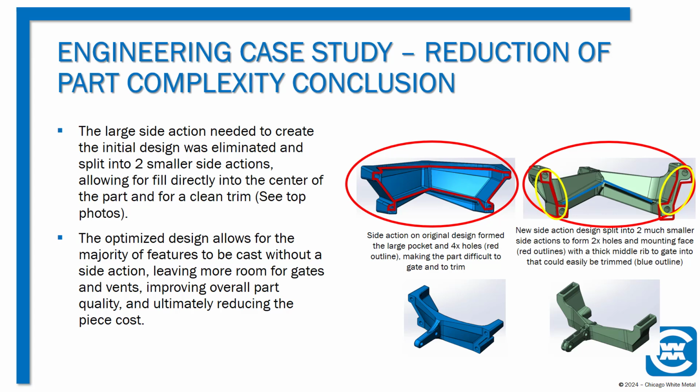This is what mounted to their assembly, and those could be created with two small side actions in the tool, allowing for much less complex tooling, faster cycle time, and resulting in a really good, sound die cast design for the product. So very, very successful.